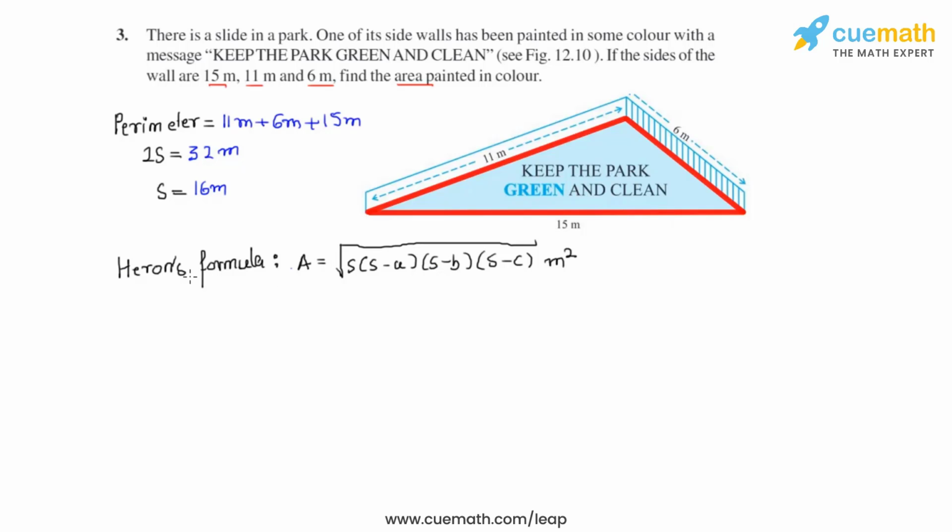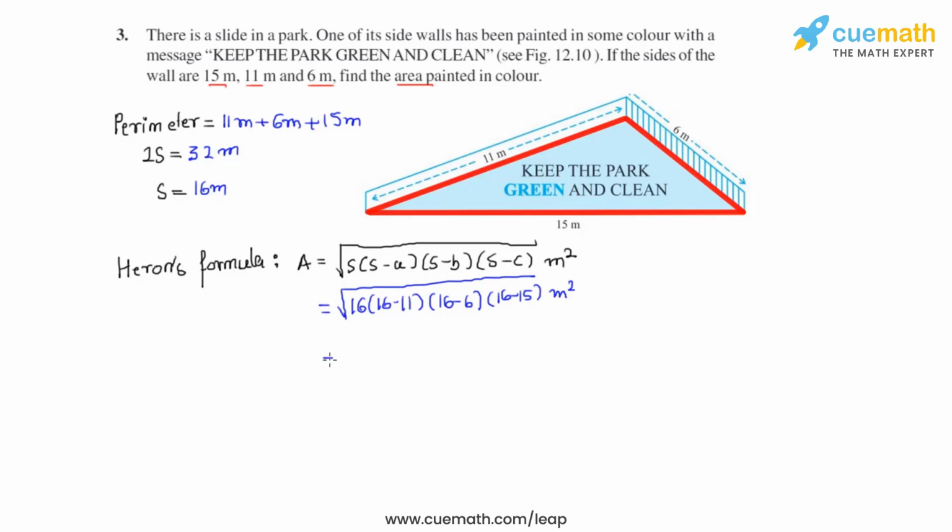So as we know all these values, let's plug them in and we write under root 16 times (16 minus 11) times (16 minus 6) times (16 minus 15).